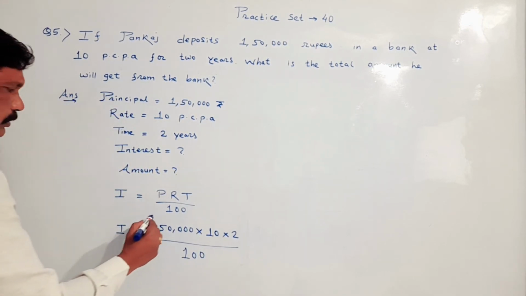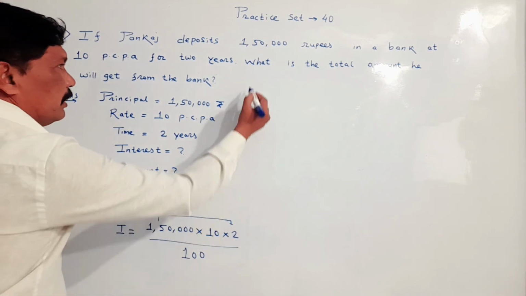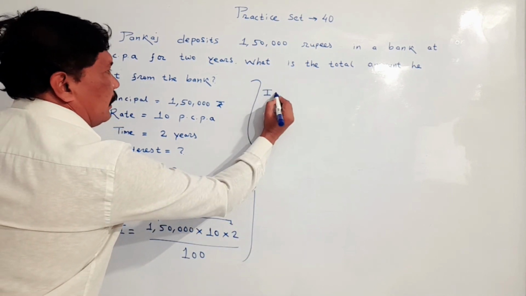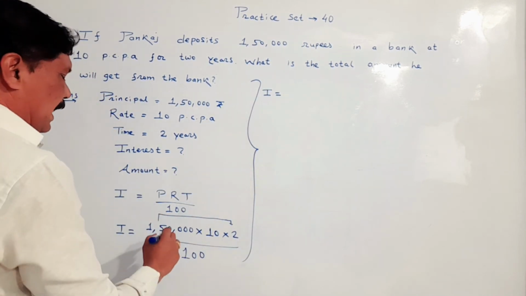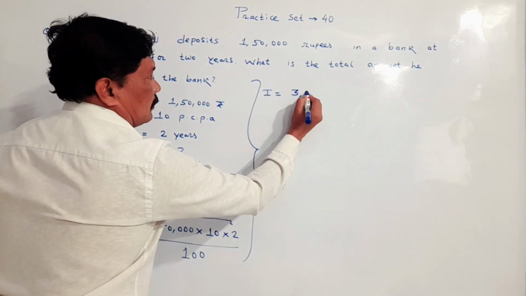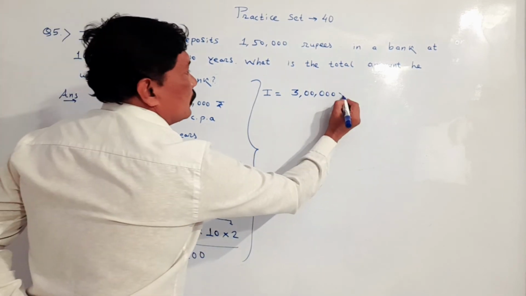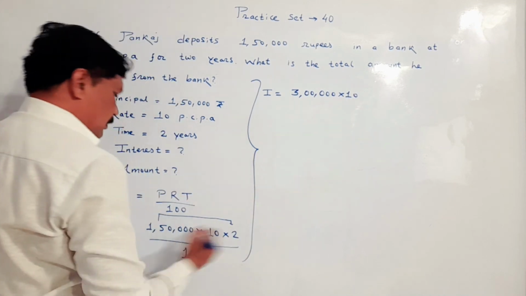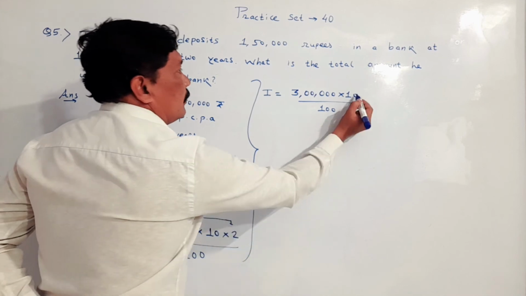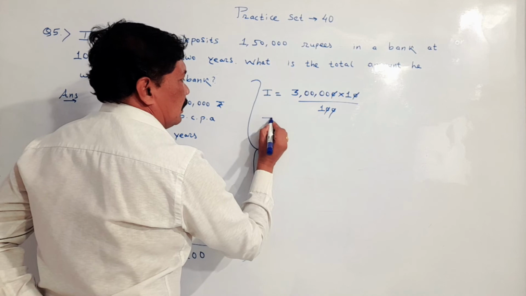My dear student, first we will multiply 1,50,000 into 2. We will get I is equal to 1,50,000 into 2. We get 3 lakhs, into 10 upon 100. 1 0 1 0 we can cancel, 1 0 1 0 we can cancel.